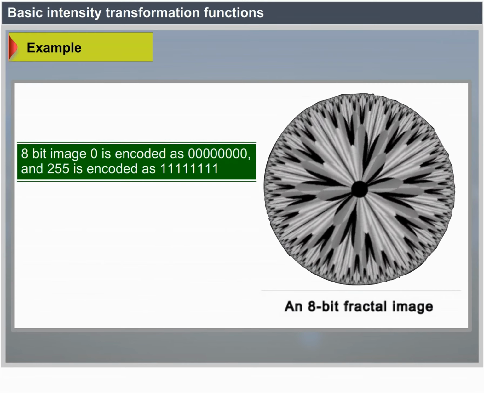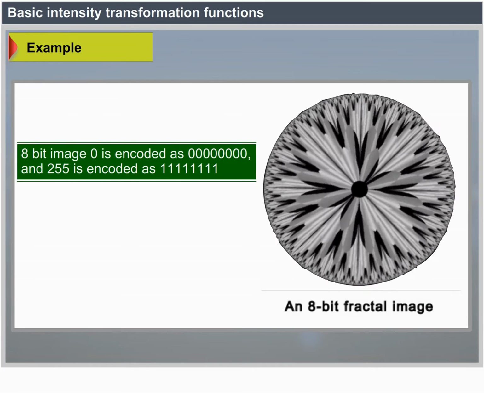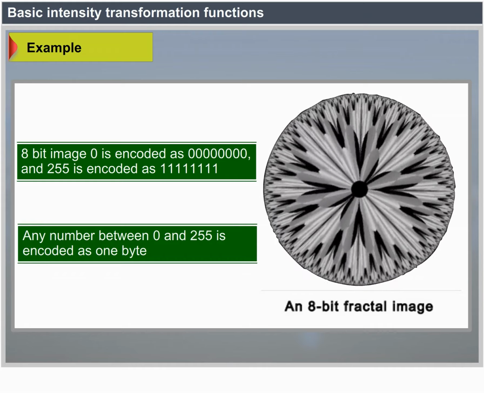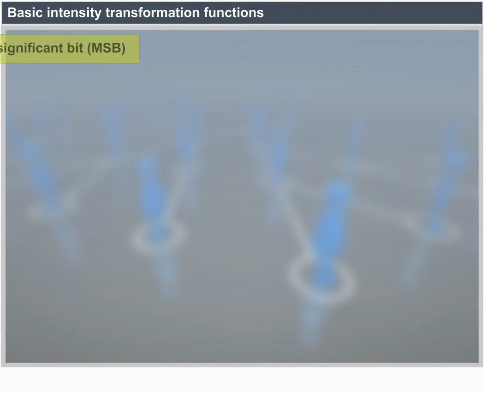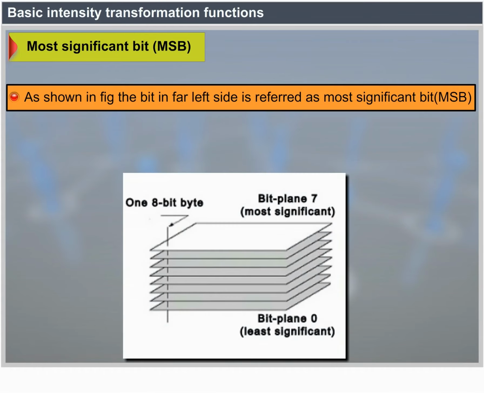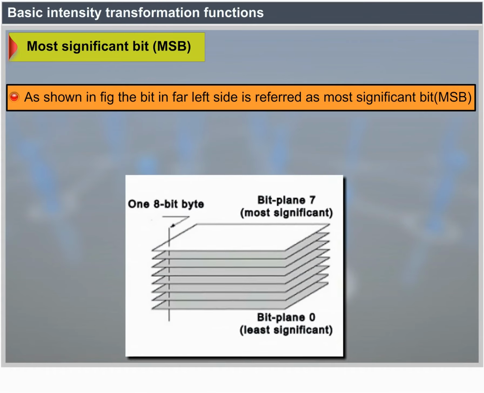Because a change in this bit would significantly change the value encoded by the byte, one can use only the MSB to represent a pixel, which reduces the gray level image to a binary level image. Least significant bit, LSB. As shown in the figure, the bit on the far right is referred to as the least significant bit, LSB, because a change in this bit does not change the value encoded by the byte much.